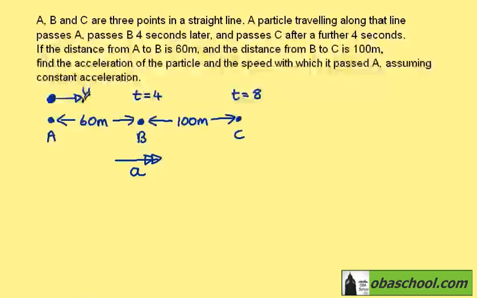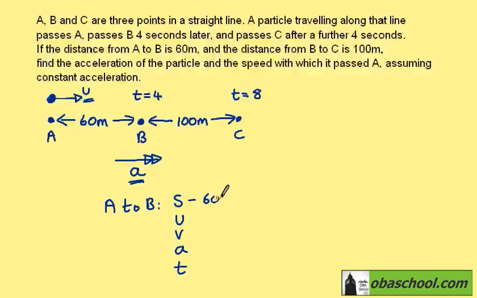We want to find u and a, and we need to use this information in order to solve that problem. To proceed, I'm first going to look at the motion between A and B. So collect information for A to B. As always, we collect using SUVAT.